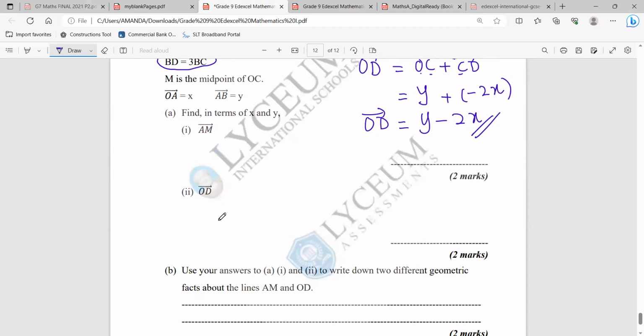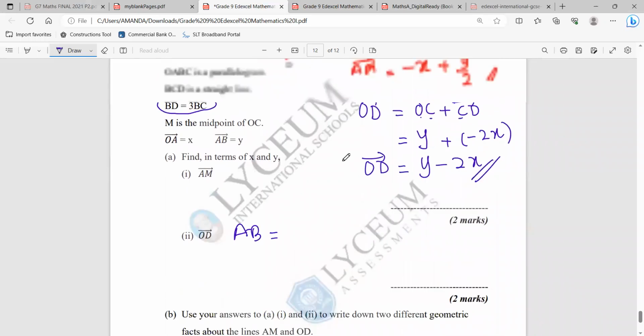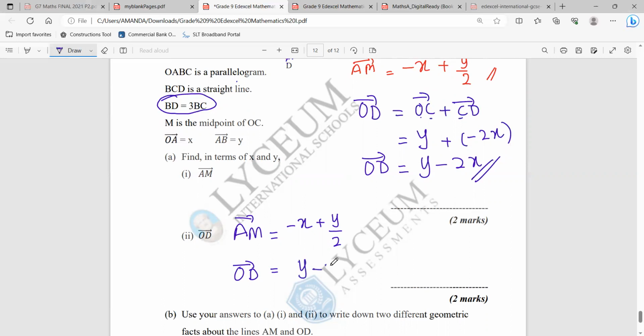AM is minus x plus y divided by 2. Now OD, I write this together: y minus 2x.